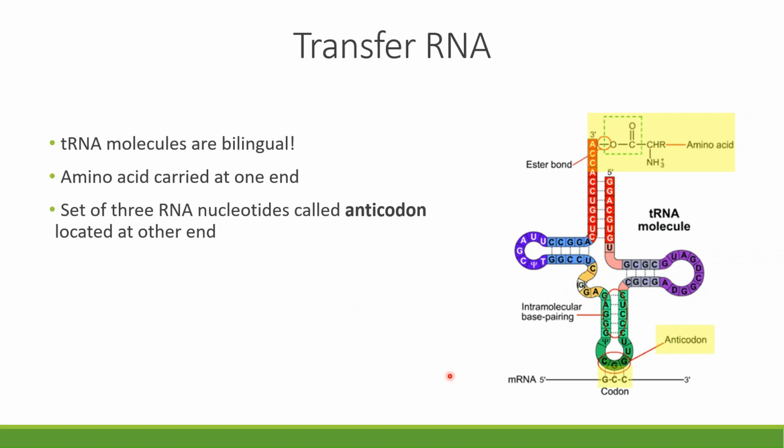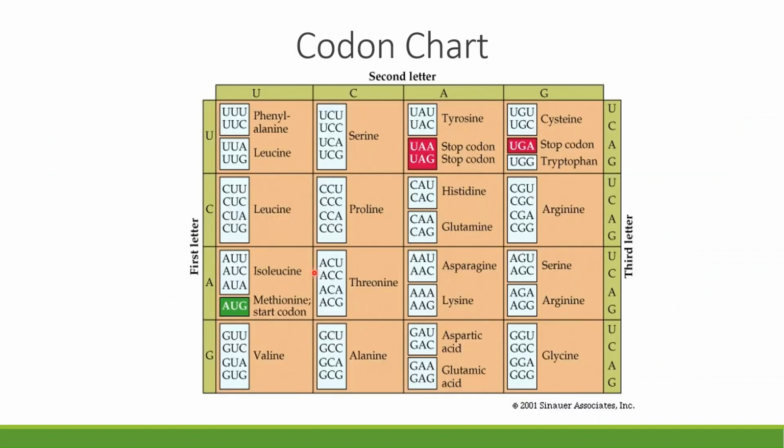And if the anticodon of that tRNA matches a particular word, we know that word translates for its particular amino acid. Each tRNA only has one anticodon, and therefore, cells have to have tRNAs for every amino acid, each with its own specific anticodon that will match that amino acid.